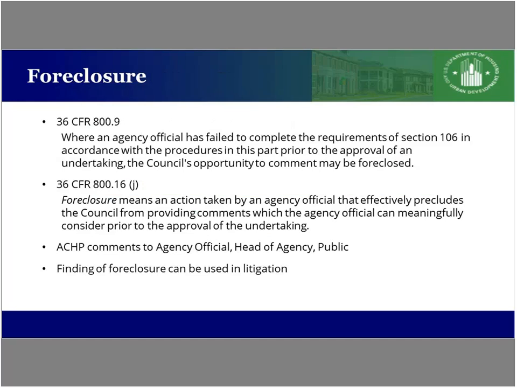In the delegation, lenders must comply with the Section 106 process, and HUD cannot approve a project if the process is not properly carried out, because that would be an example of foreclosure, and the department is not going to do that. Under circumstances where foreclosure does occur and there's an official finding of foreclosure, that can be used to oppose a project in litigation. So just stressing the importance of following all the procedures in Section 106.